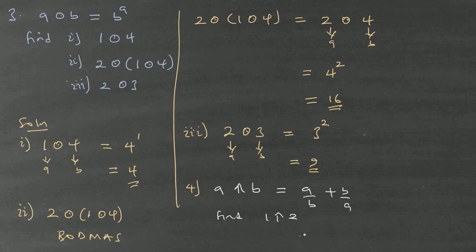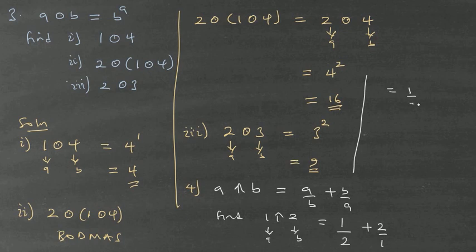So how would we find this? We do the same, compare, this is your a, this is your b. So when we substitute back here, our a is 1 over our b, which is 2, plus our b is 2 over a, which is 1. Then you simplify that fraction. This is equal to 1 over 2 plus 2 over 1.